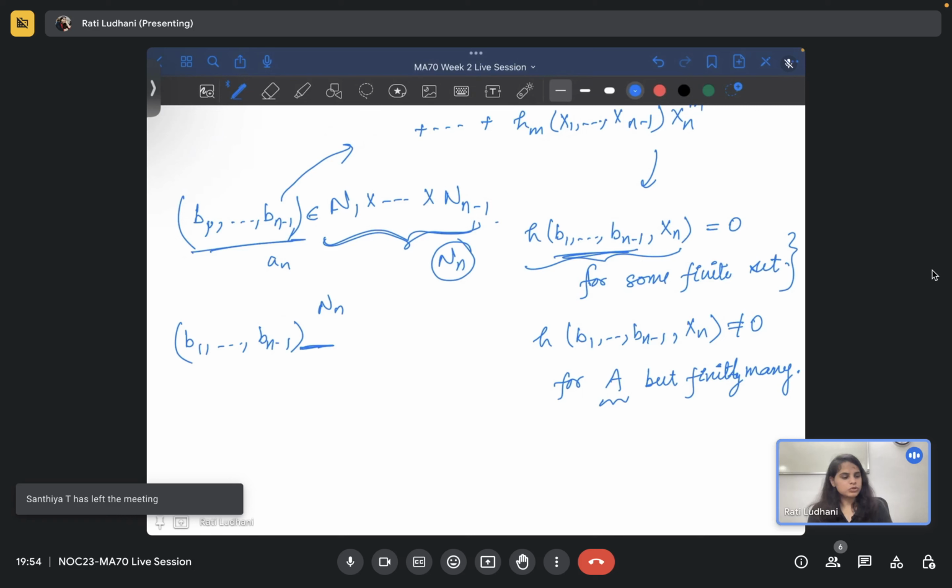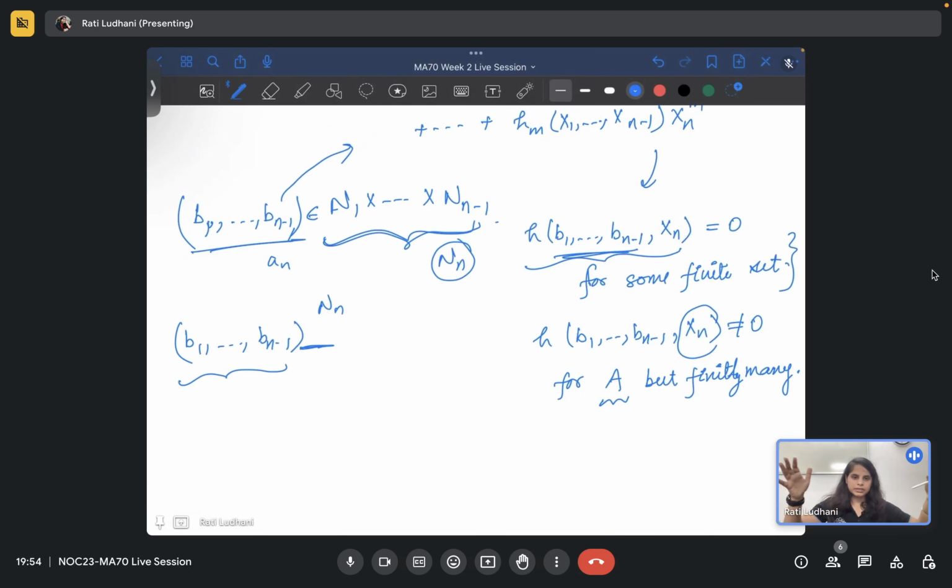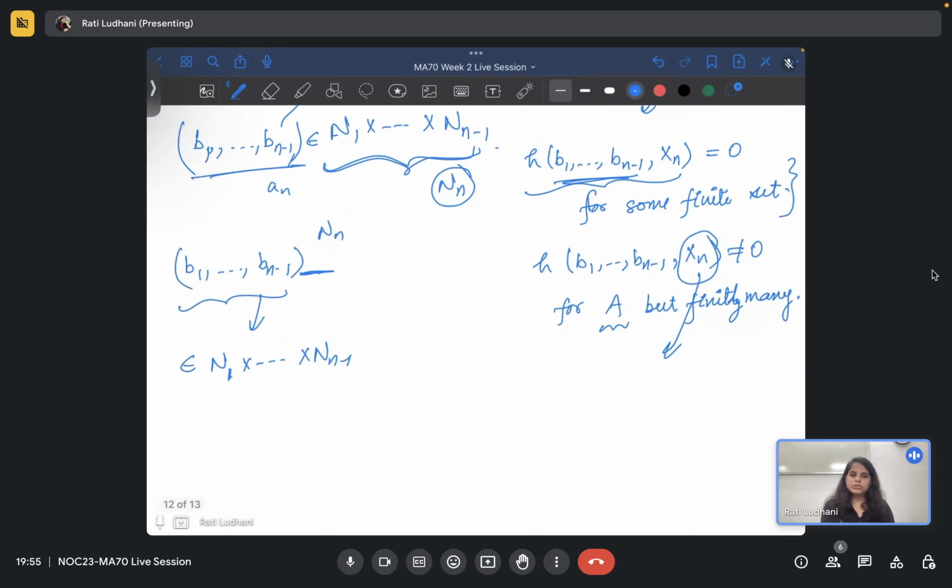So what I will do, for every point I will find some set of xn, some set which is infinite. Infinite means it is dense, it is all but finitely many points, and it will happen for every point of n1 cross up to nn minus 1. For all the points you do the same thing.